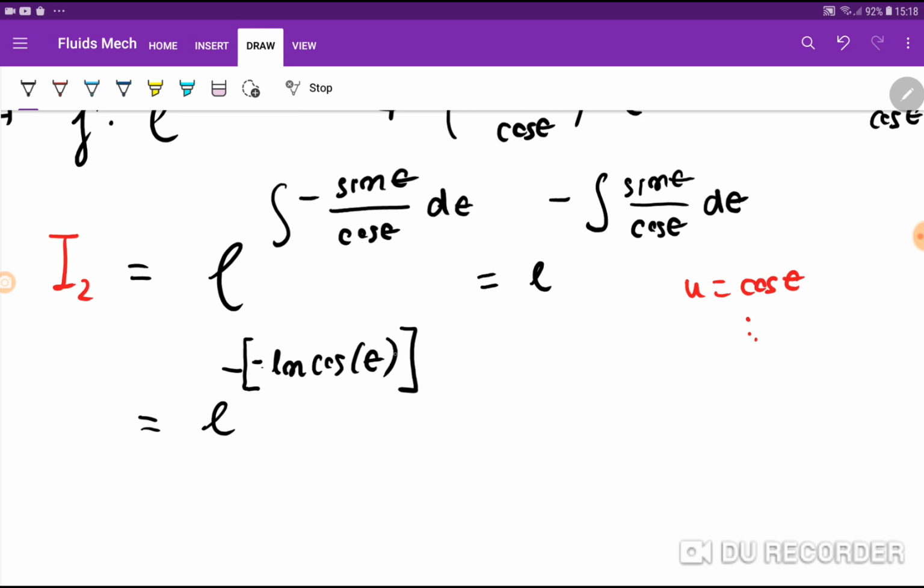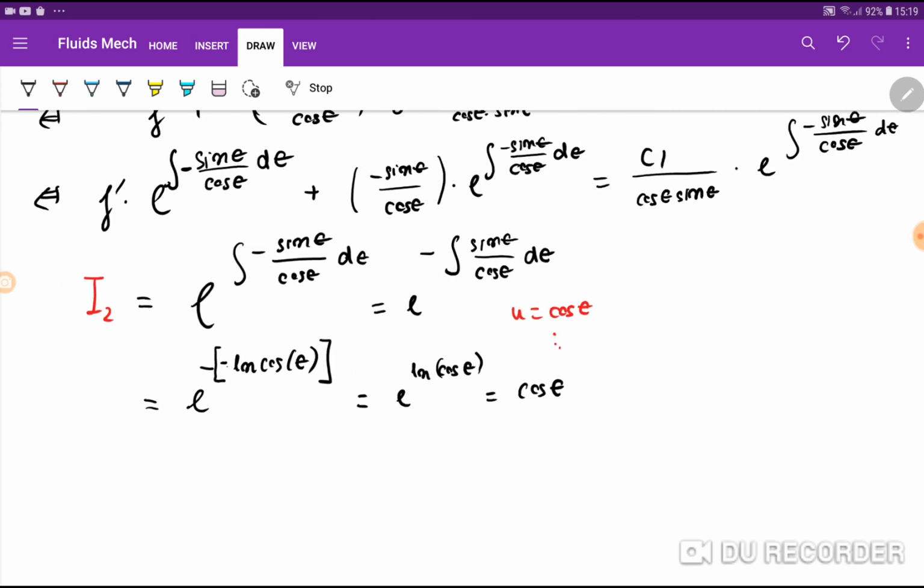So it would be equal to e to the power ln cos theta, which equals cos theta. You agree? Beautiful.